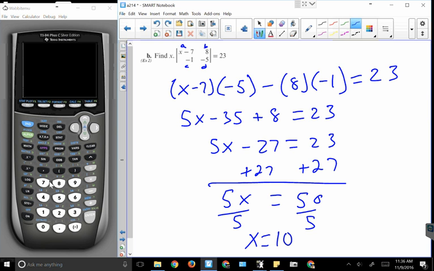Where did I get that first 5x? Ooh, I see a mistake. What did I mess up? That was a negative 5, right? What I should have over here is a what kind of 5? That should be negative 5, yes. That should be a positive 5, right?